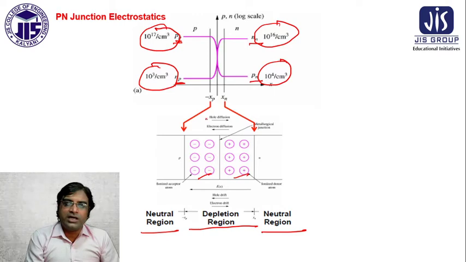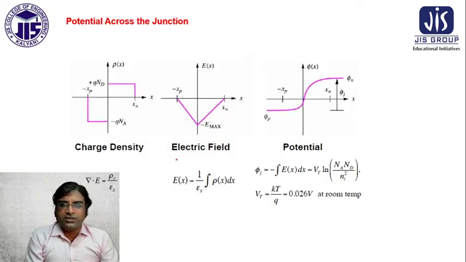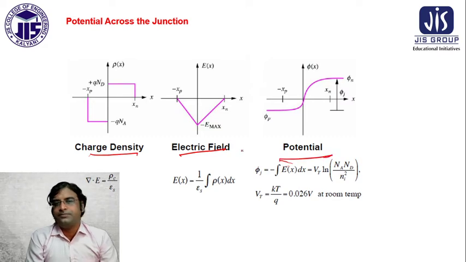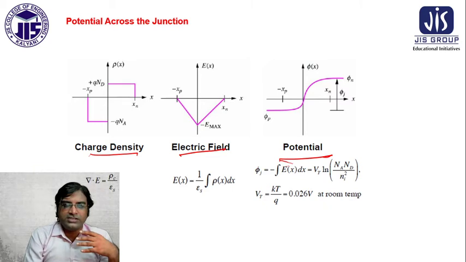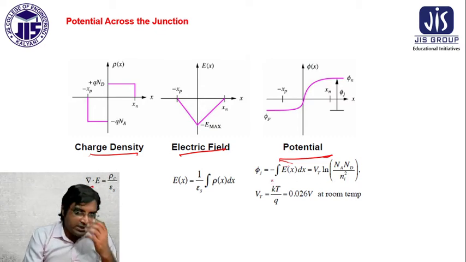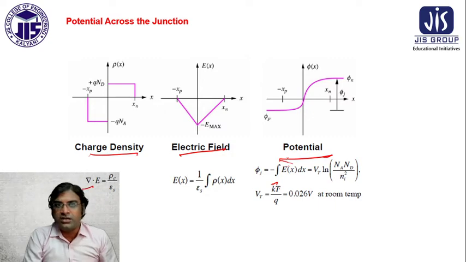So in that way the junction electrostatics represent the electric field, how it is spread. That is the charge density rho, the field, and the potential. And K is the Boltzmann's constant, T is the absolute temperature, and in that way we can represent the potential across the PN junction.